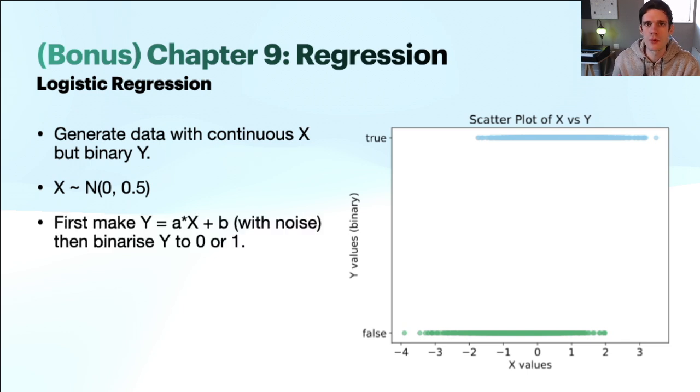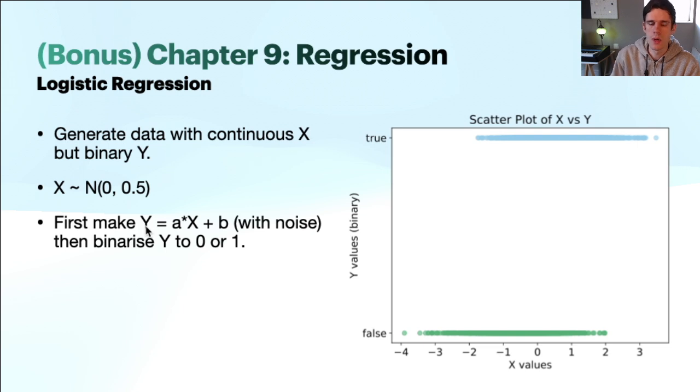First, we make a continuous Y, which is indeed linearly correlated. In this case, we make Y equal to a number times X plus B, and this B is our noisy parameter. This is just the formula for linear correlation between X and Y that we're now already very familiar with. However, this means that Y is continuous.